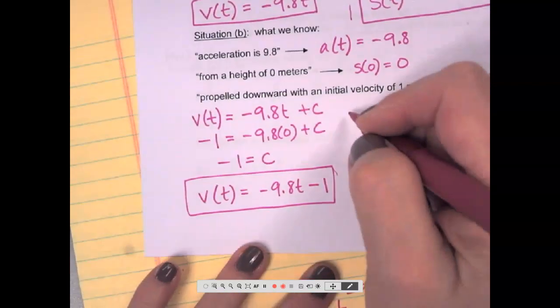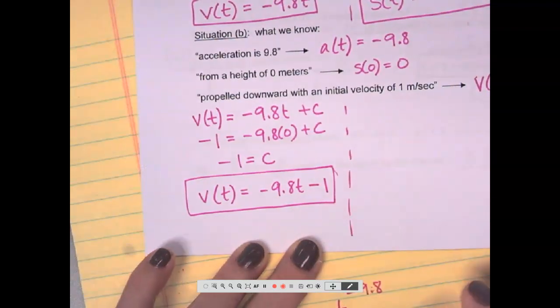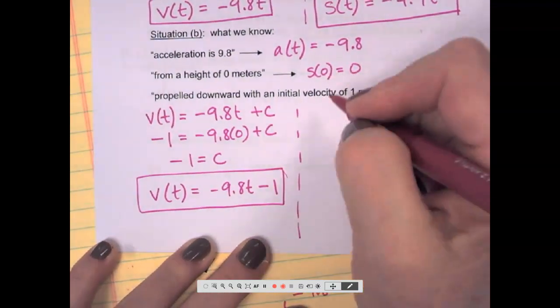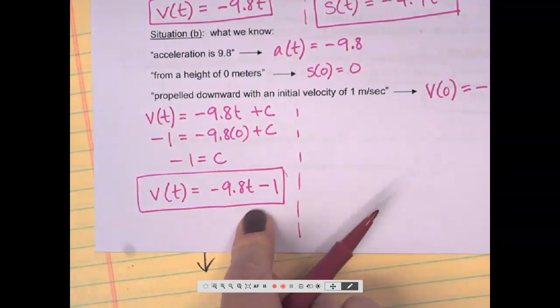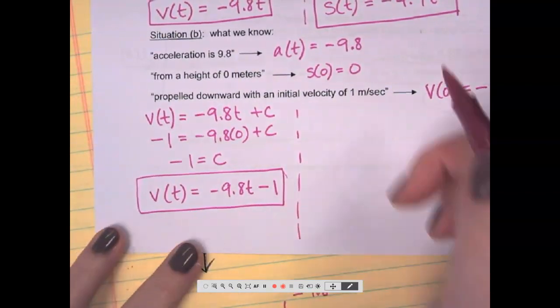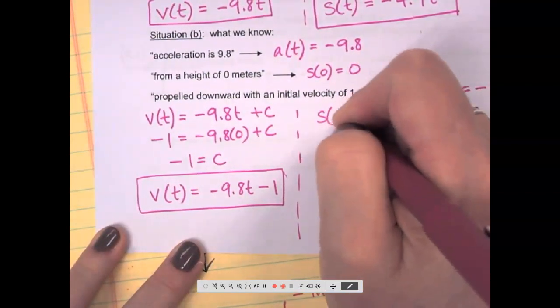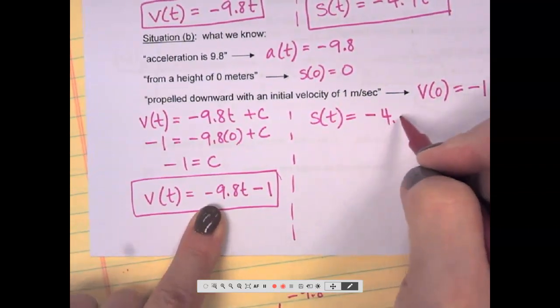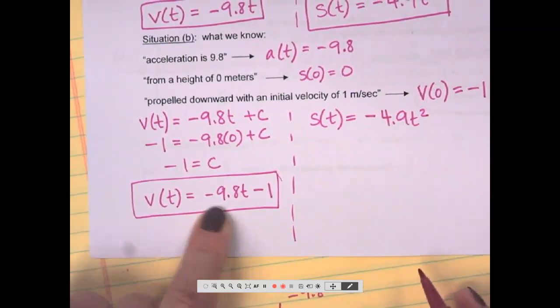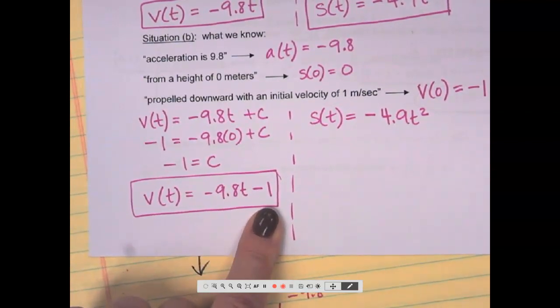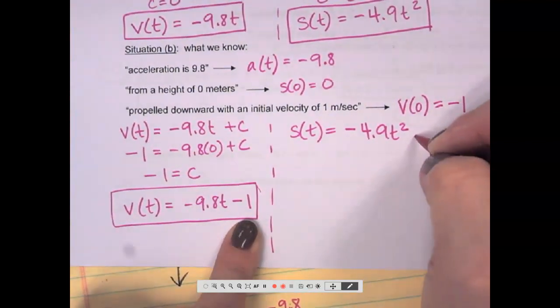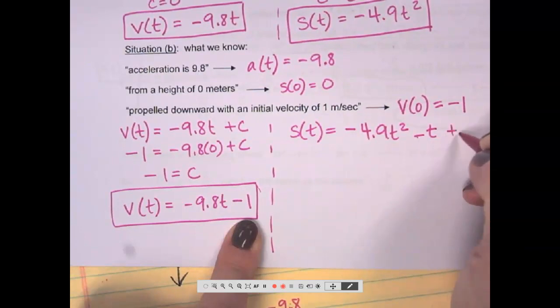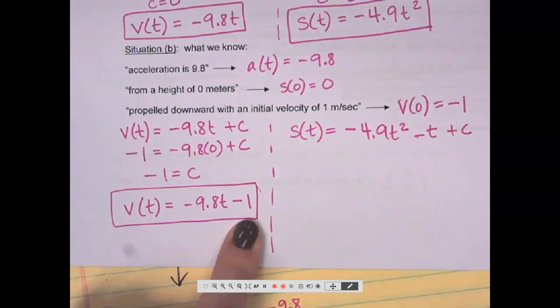Okay, so we're going to work backwards some more to find our position function. If this was the derivative, what did I start with? Well, we already figured out the negative 4.9 t squared. But what about the minus 1? Minus t. And then there still could have been a constant there.